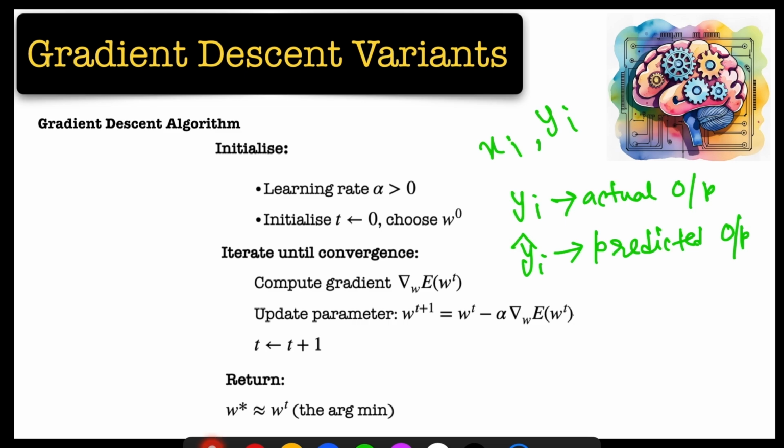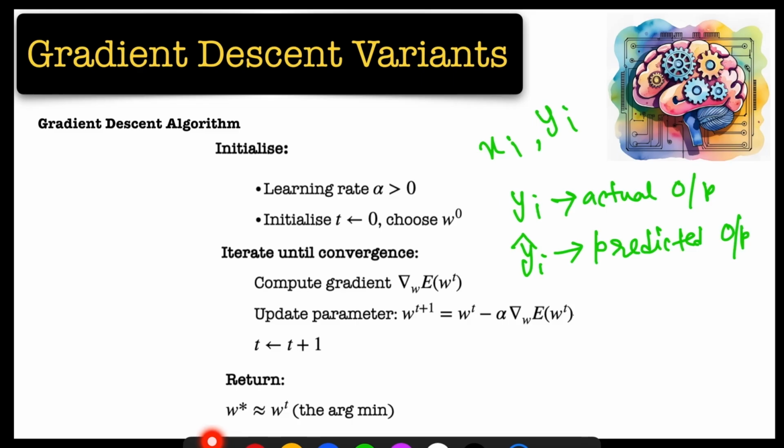Now we will have some loss function that compares the actual output and predicted output, and that's how we get the loss or error. So this E of Wt is the error or loss. Wt is the weight parameters at iteration t, and E of Wt is the error at that iteration.